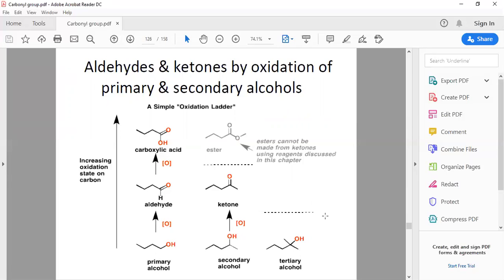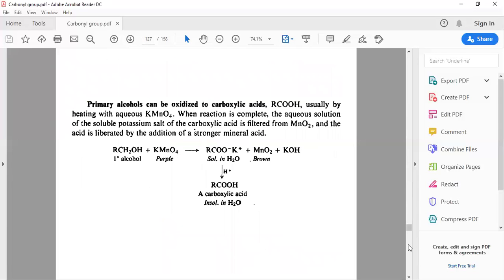The oxidizing agents used over here are KMnO4, that is potassium permanganate, or potassium dichromate can be used. Primary alcohol with KMnO4 forms a salt that can be isolated by protonation or making the solution acidic.